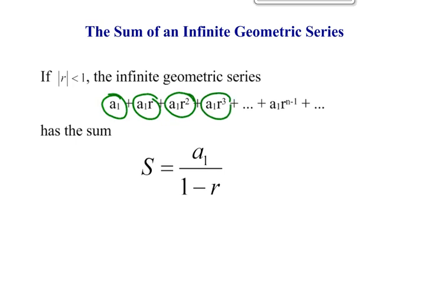Then add on the next term, which is a sub 1 times the common ratio cubed, and so on and so on. That's what the dot, dot, dot means. Until we get to a term somewhere down the line that is a sub 1 times the common ratio n minus 1. And then we have plus dot, dot, dot. And that plus dot, dot, dot on the end means that it's going to continue on. And this makes sense to us, of course, because we're talking about an infinite geometric series. And of course, that means it goes on forever.